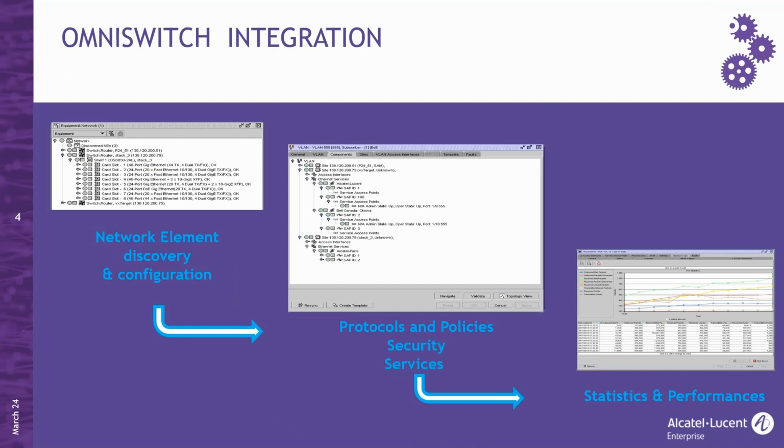Moreover, NFMP empowers administrators to provision end-to-end services by configuring multiple Layer 2 and Layer 3 protocols, quality of service, access control list, and security authentication parameters. Additionally, NFMP facilitates network monitoring by offering comprehensive reporting on critical statistics and performance parameters, crucial for troubleshooting in mission-critical end-to-end networks. Now let's go back to Matthias, who will show you a glimpse into the capabilities mentioned above.